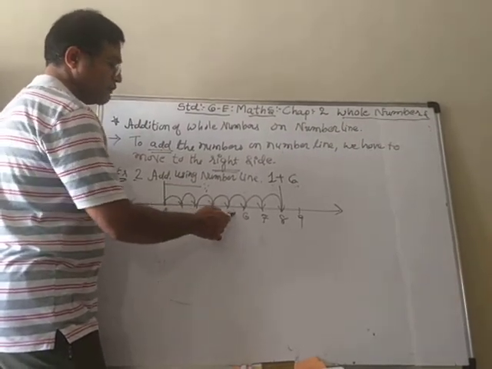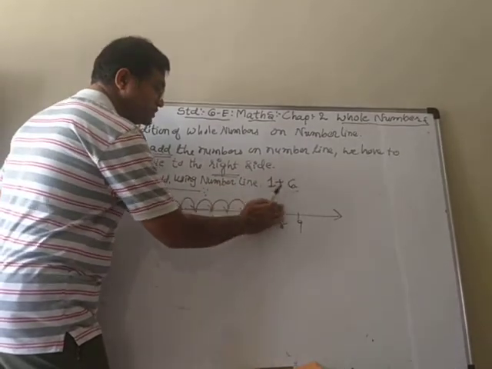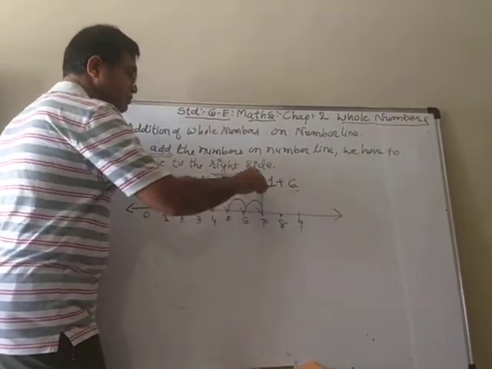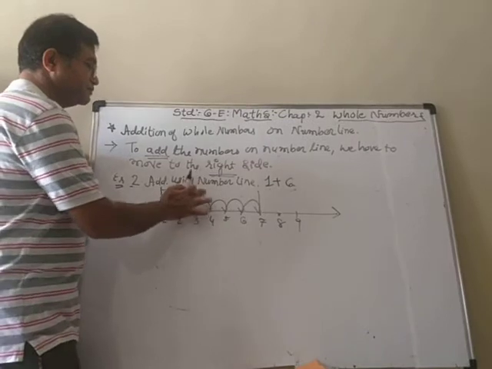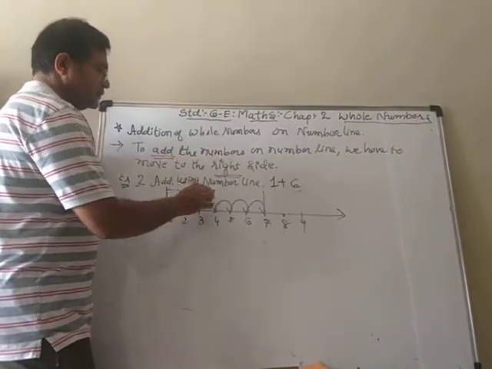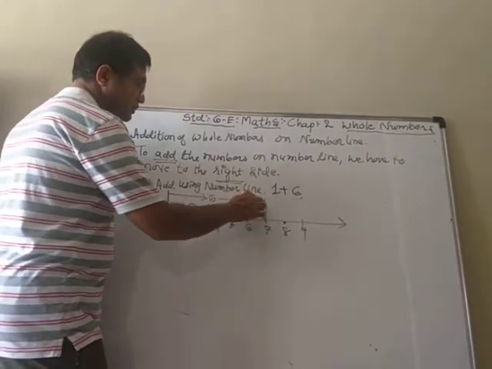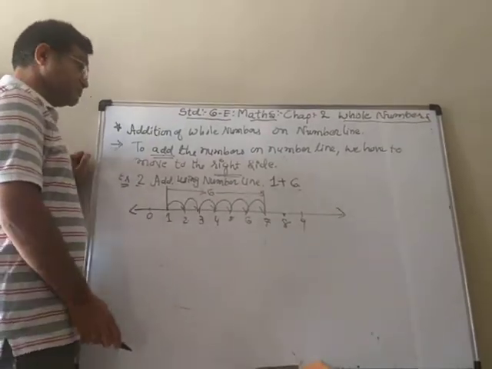Oh, we have to do only 6 steps. So make a line there. Write down that arrow that we moved 6 steps.